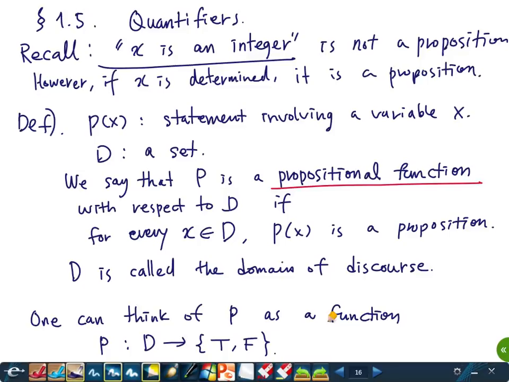Okay, some example. I'm going to use the same example like this. It is very important to decide this domain of discourse. Whenever we say a propositional function, it should be mentioned what the domain of discourse is. So here, definition of example. Let's say P of n is this statement: n is an integer, like before.